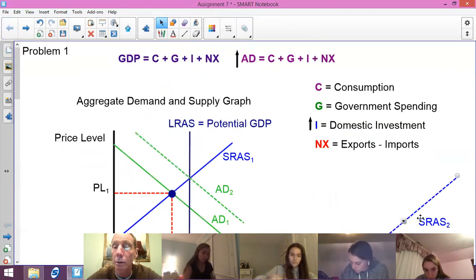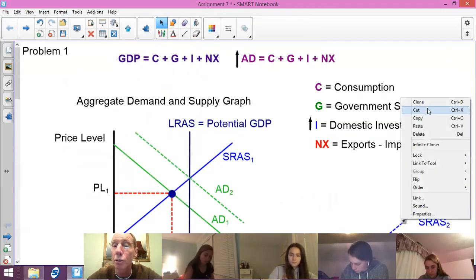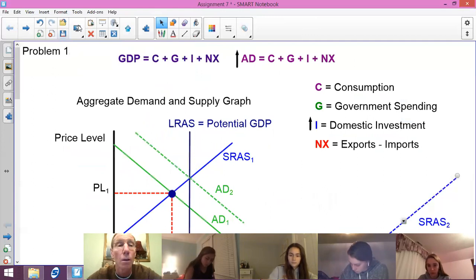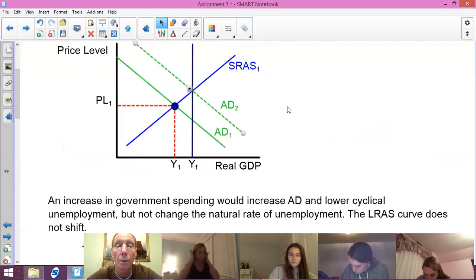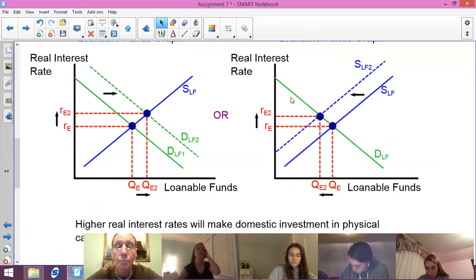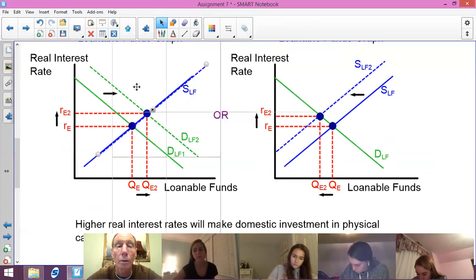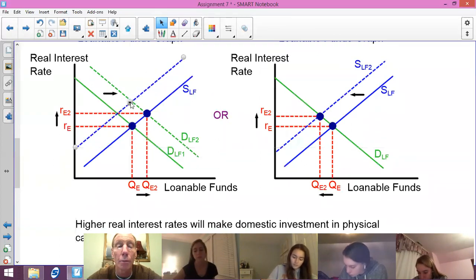If we copied him and just say we did two shifts on the same graph, you would end up here. So you would get an even higher interest rate, right? So the interest rate is going to go up. That's what we know. Okay.